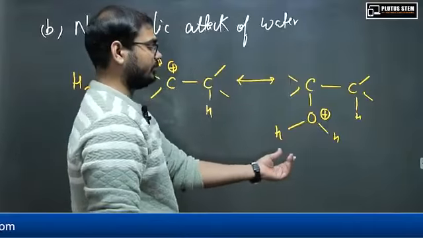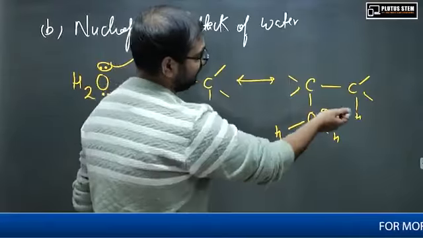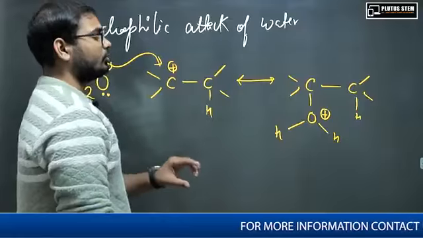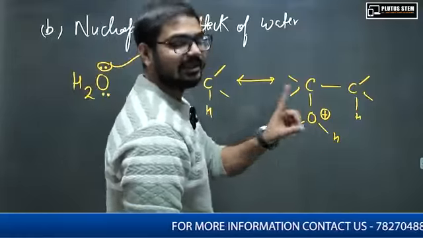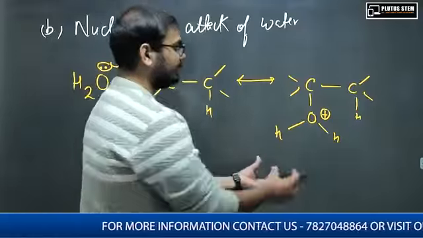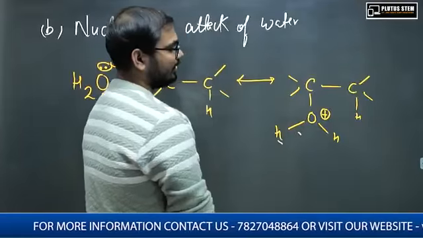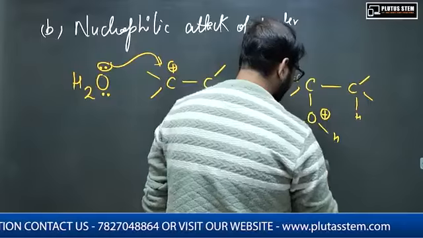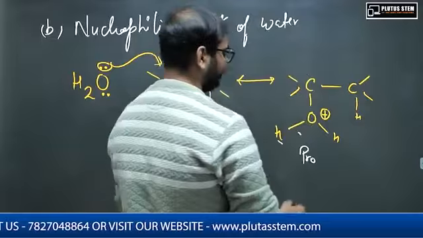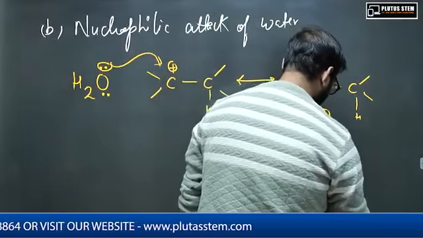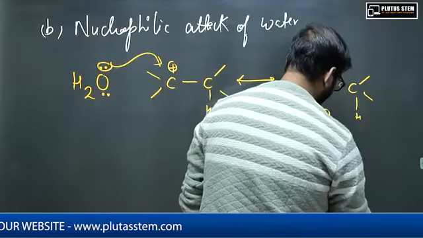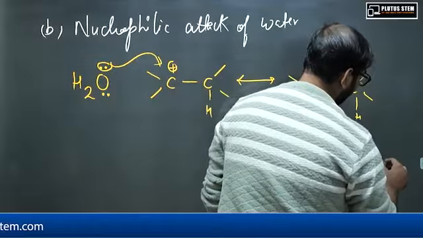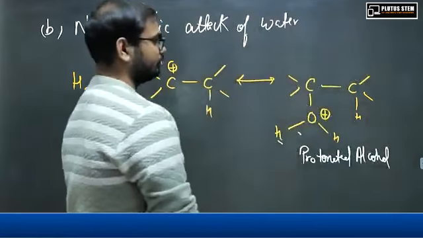So simply, if I remove this proton, which is H plus, to stabilize this oxygen, what do I get? I will get my alcohol. So in this entire molecule, the extra portion that I am having is nothing but this particular bond. Because of this particular reason, this species is called the protonated form of alcohol, or protonated alcohol.